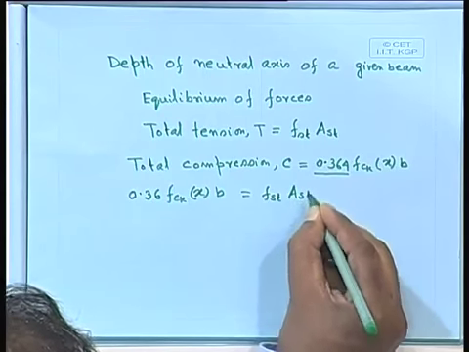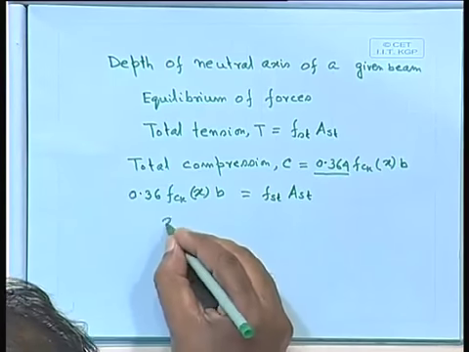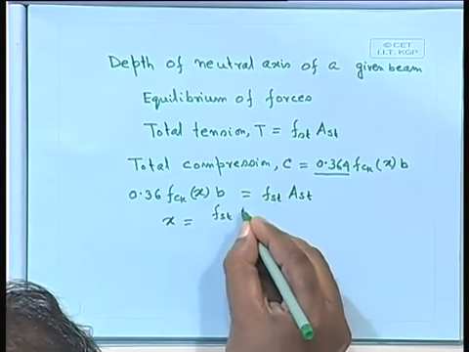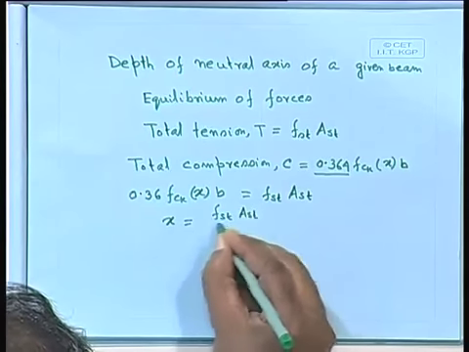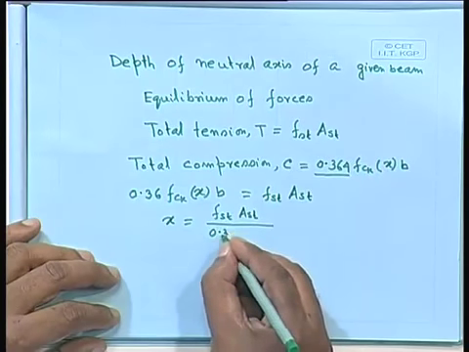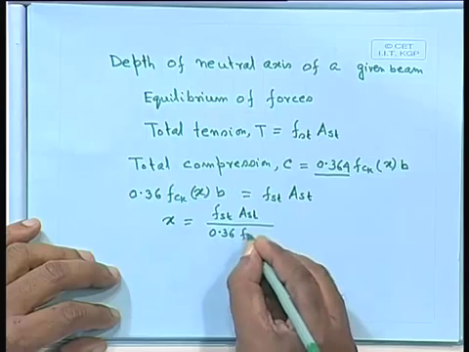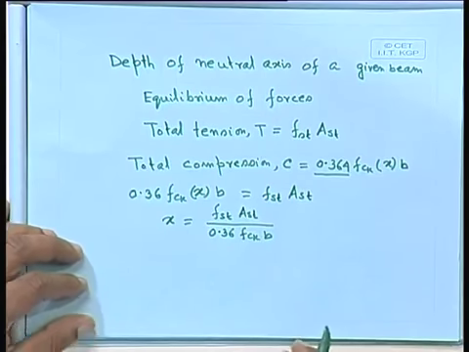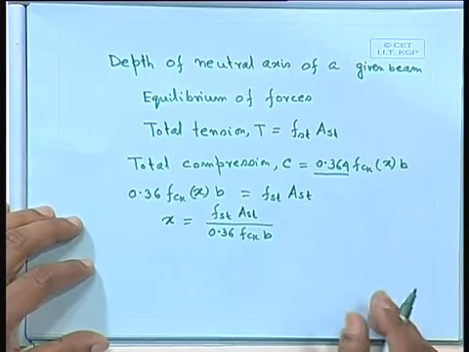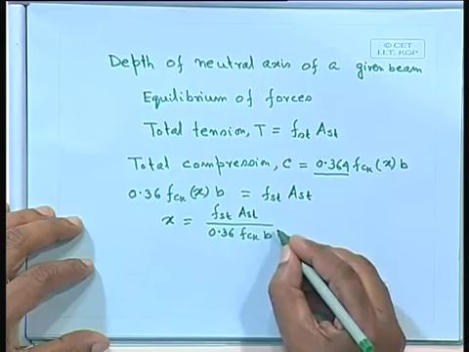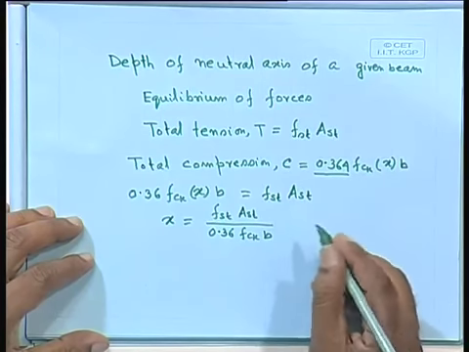fst Ast, x equal to fst Ast divided by 0.36 fck b. We can also write down other way also.